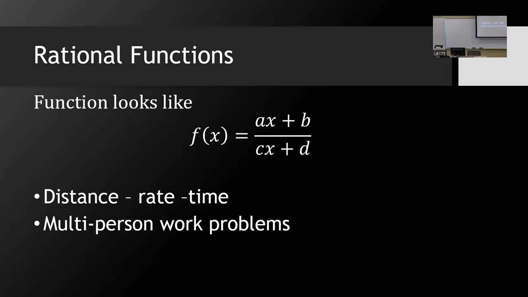Anytime you have a polynomial divided by another polynomial, that's a rational expression. If you have a function that's equal to polynomial divided by polynomial, that's a rational function. But the types we're going to look at in this class are always going to be linear divided by linear. So ax plus b divided by cx plus d, where a, b, c, and d are just real numbers. All right.